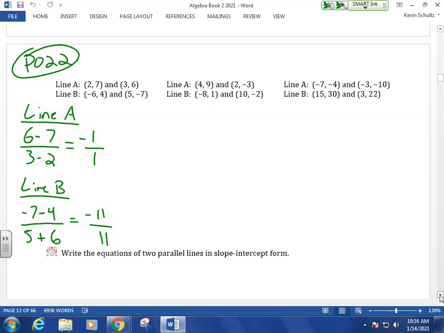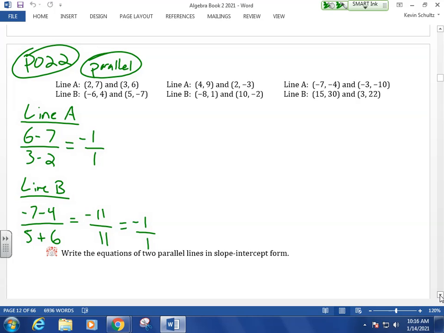Yeah, they both equal the same thing. That line B slope, -11 over 11, if you simplify that fraction, simplifies to -1 over 1, making these lines parallel, okay? So that's kind of what you're doing for those three there, just comparing those slopes using the slope formula.